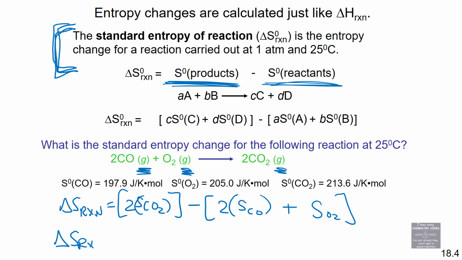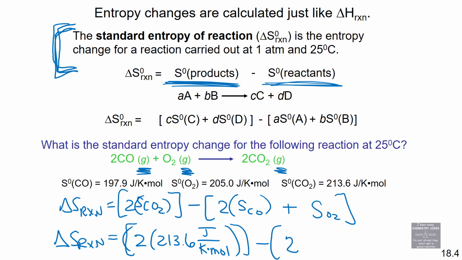Delta S of the reaction equals 2 times CO2 is 213.6. Weird units here, but joules per mole Kelvin, or K-mole, minus 2 times CO is 197.9 joules per K-mole.